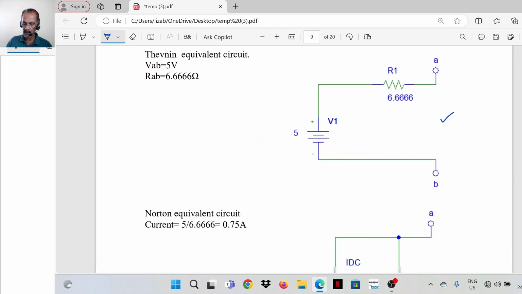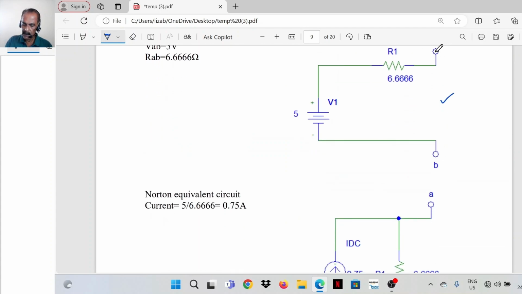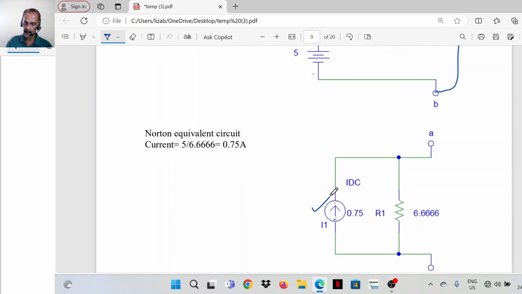Now to find the Norton equivalent, just short these points and find what is the current from A to B. That is 5 divided by 6.66, that is 0.75 ampere. If you short it, you will get 0.75 ampere. That is the Norton equivalent current, 0.75.